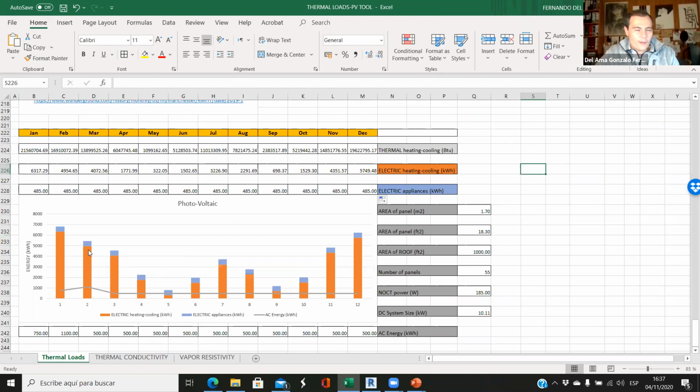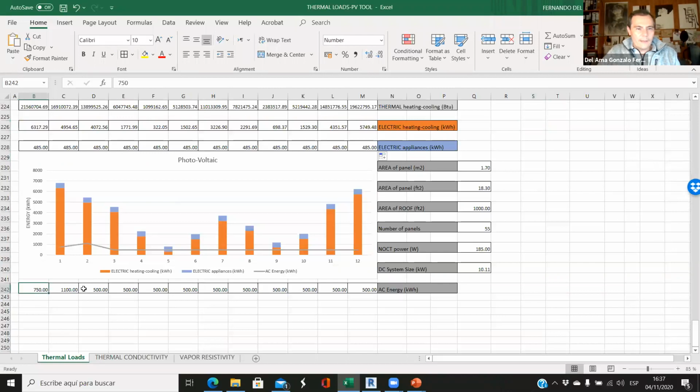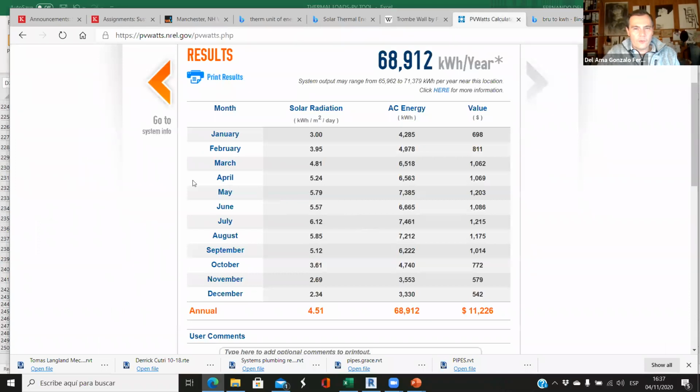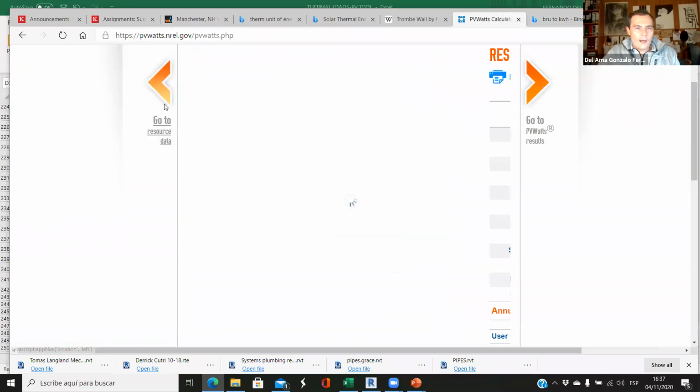And now we have to compare this energy demand with our energy production, with our PV production. And this comes from PV Watts. Okay, so we can go to PV Watts.